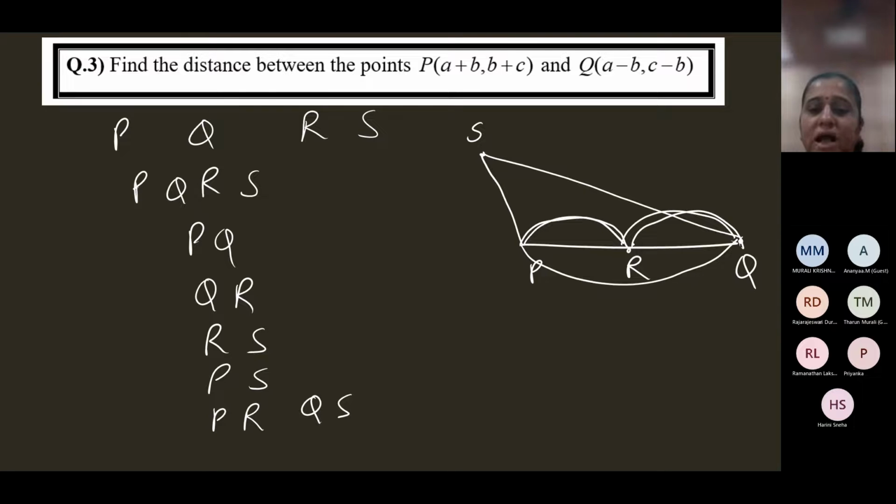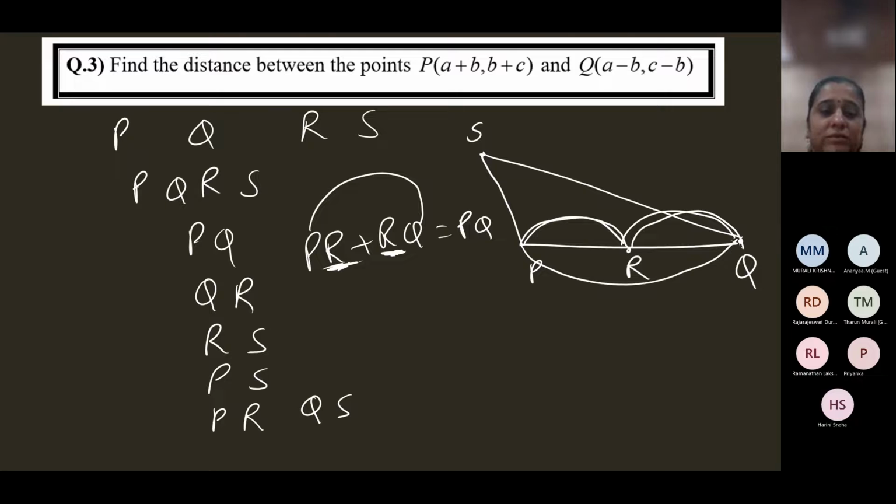That means the points P, R, and Q are collinear, which means R lies between P and Q. See here, R is repeated. So R lies between P and Q, and S is away.